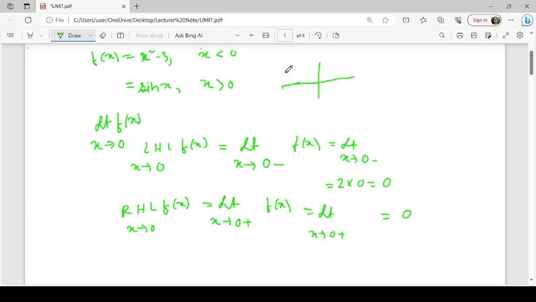So the path is like this, for x less than 0 it is a parabolic path.